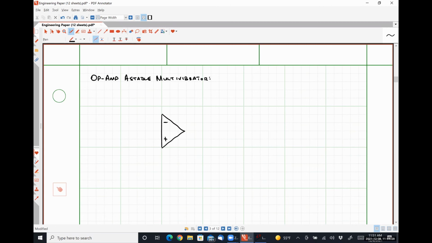It's just easier to draw with the plus sign on bottom there. This is going to be a resistor R1. And so that is our feedback, our positive feedback resistance.